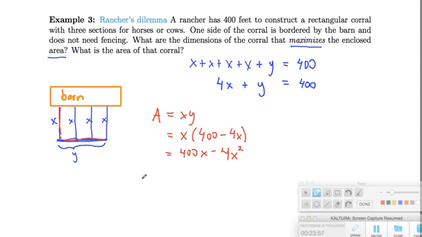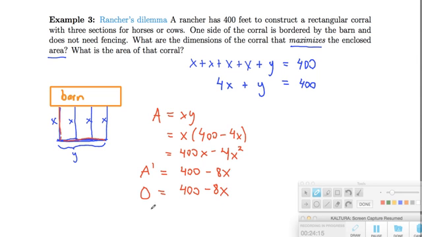That's our area function. Remember, to try and optimize it, we need to take its derivative. Derivative of 400x is 400, and the derivative of 4x squared, well, that's 8x. Now remember, we want to find where the first derivative is equal to 0. That's the procedure.